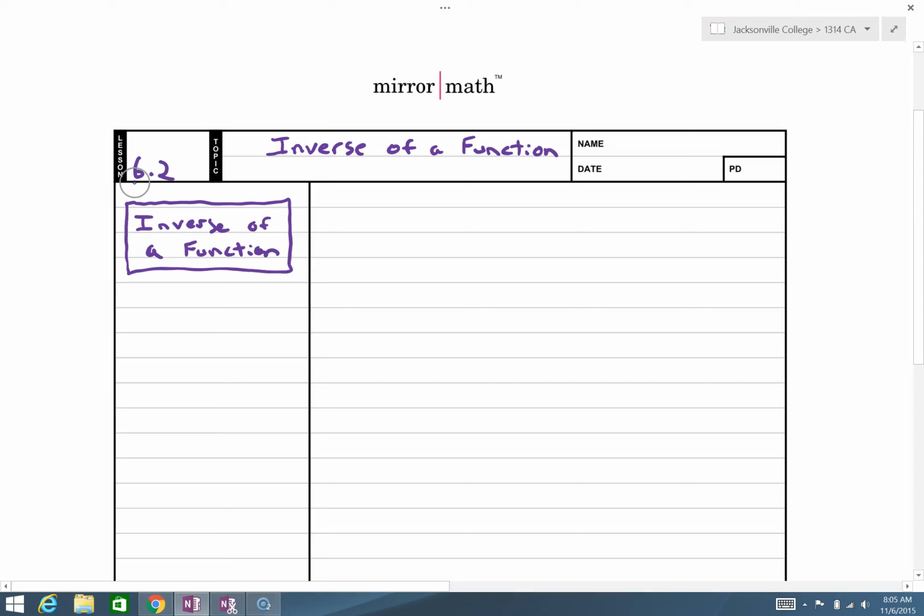In this video we'll be looking at 6.2, inverse of a function. Definition. Let f be a function.